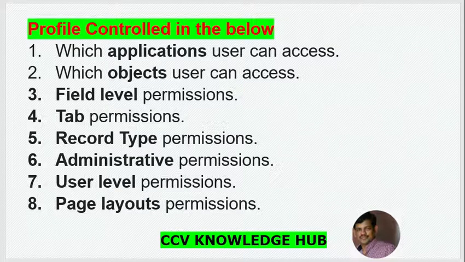All these things we will maintain, and also record type permissions, administrative permissions, user level permissions, and page layout permissions. All these things we will maintain by using profiles. So this is a very important thing, always we have to remember.